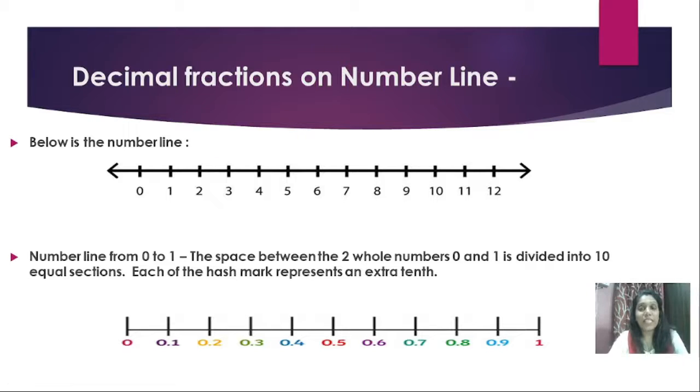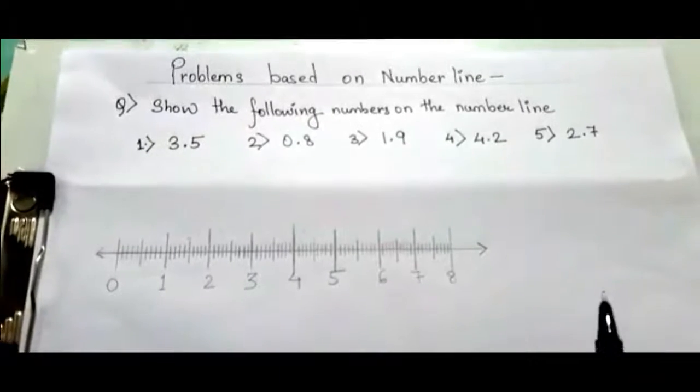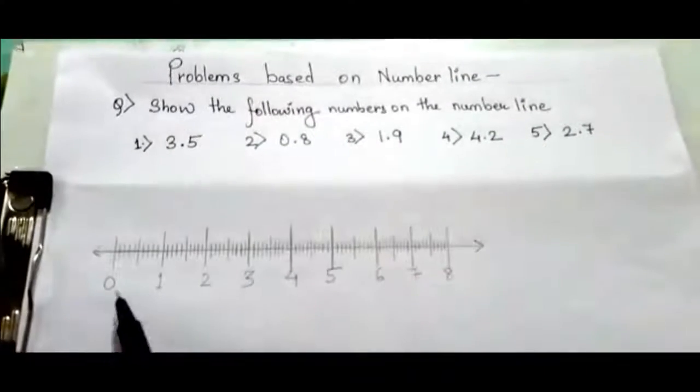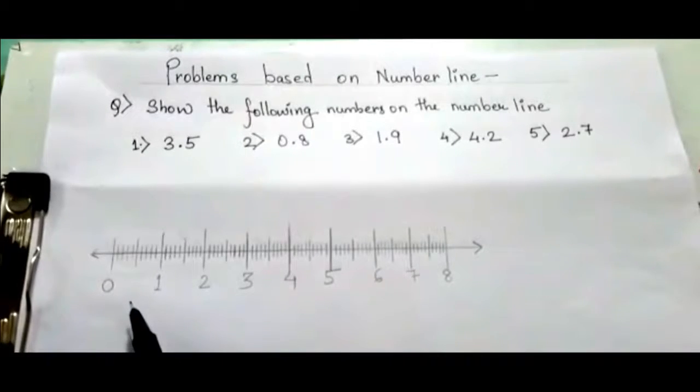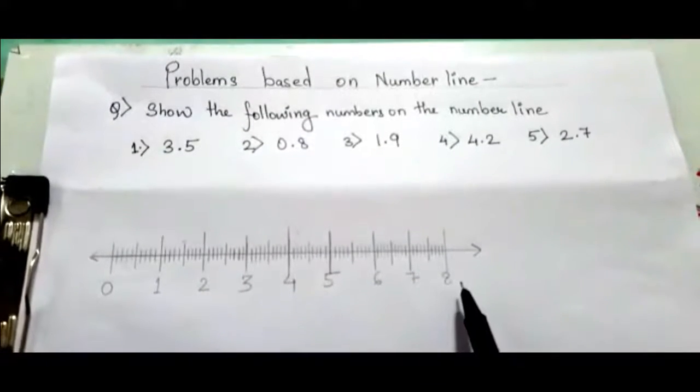We will see this with the help of a video. Okay, and we will even solve a few questions on it. So let us begin. Hello everyone. So this is a number line. I have drawn a number line from 0 to 8.